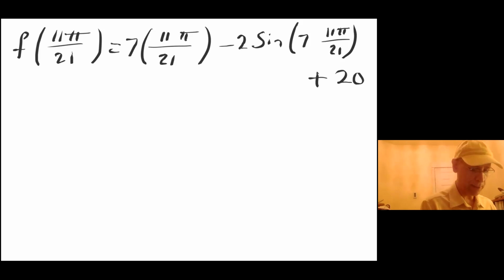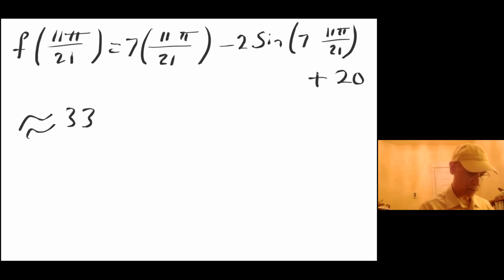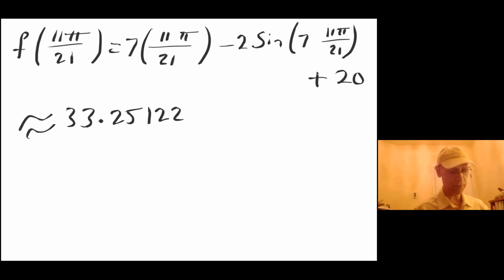So use a calculator. Here's a TI. I enter 7 parentheses 11 pi over 21 minus 2 times sine of parentheses, plus 20, and I'm getting approximately 33.25122.